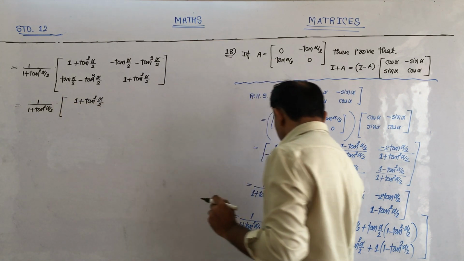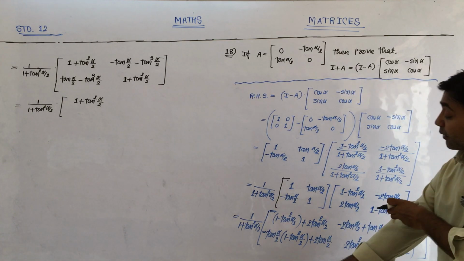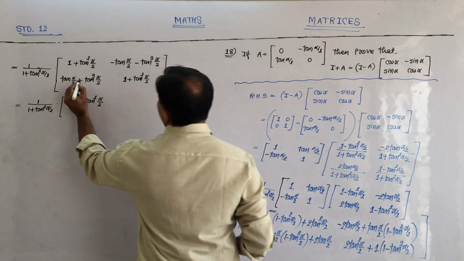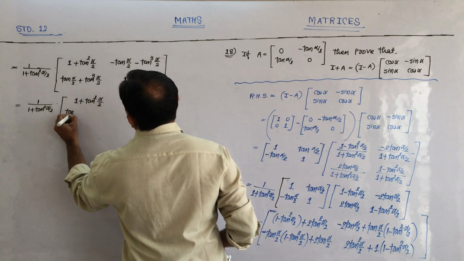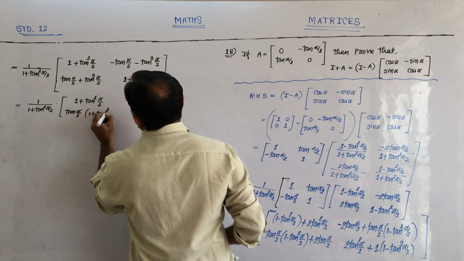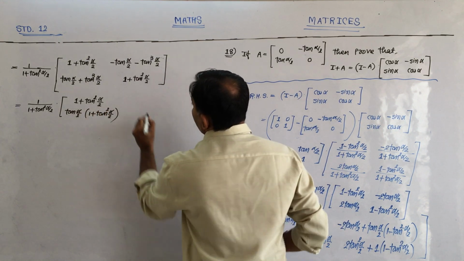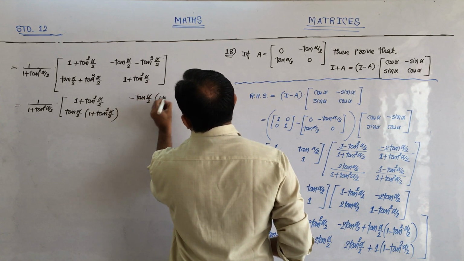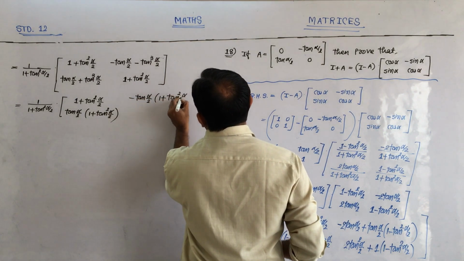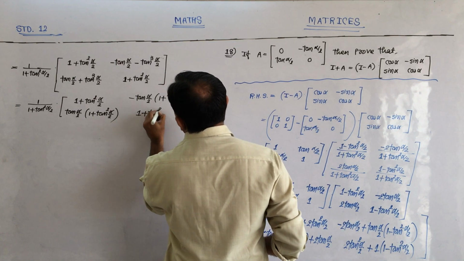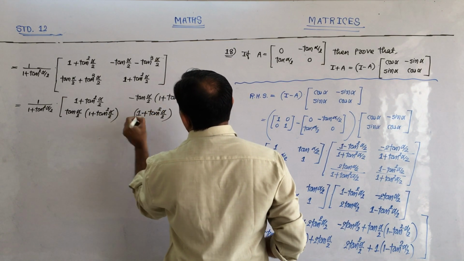Actually minus minus, here is plus. So again tan alpha by 2 is common, so 1 plus tan square alpha by 2 remains, right? Here minus tan alpha by 2 is common, so again 1 plus tan square alpha by 2 is the remaining term. Here 1 plus tan square alpha by 2 is already there.